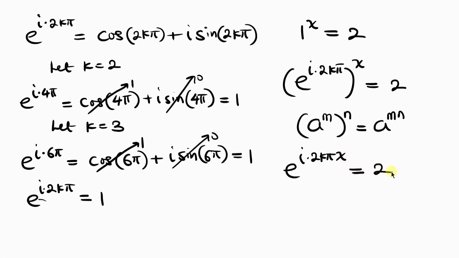Now, our next step will be for us to take the ln of both sides. So I'll take the ln of what I have here, ln of e raised to the i times 2k pi x equal to, I'll take the ln of 2. Now let's move on to the next slide to continue.